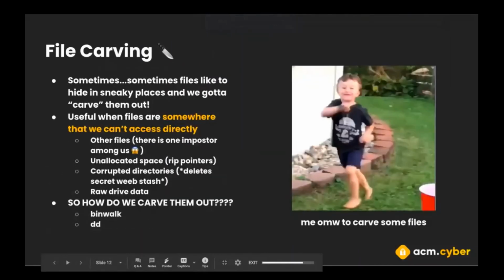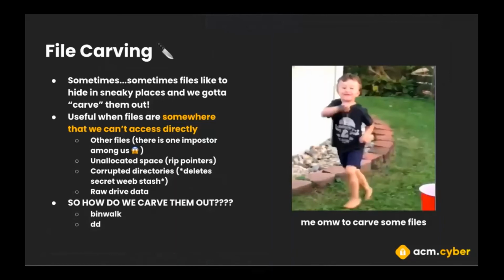Okay, so another cool concept within the world of file analysis is file carving. This is where files are in an odd place on your computer, and in order to gain access and be able to open it, we'd need to sort of carve it out. Examples of where this could happen: maybe there's a file embedded inside another file.